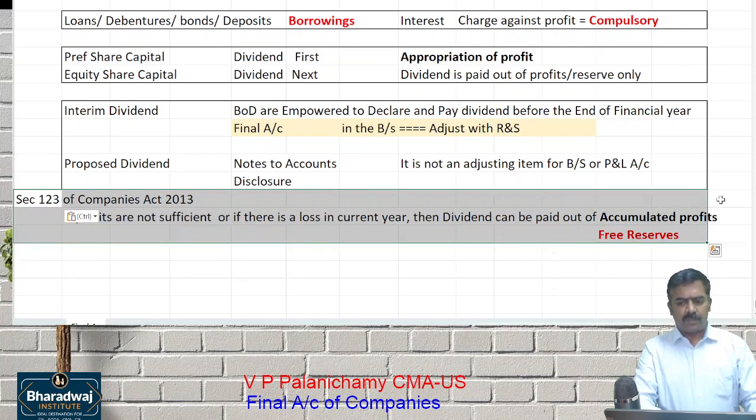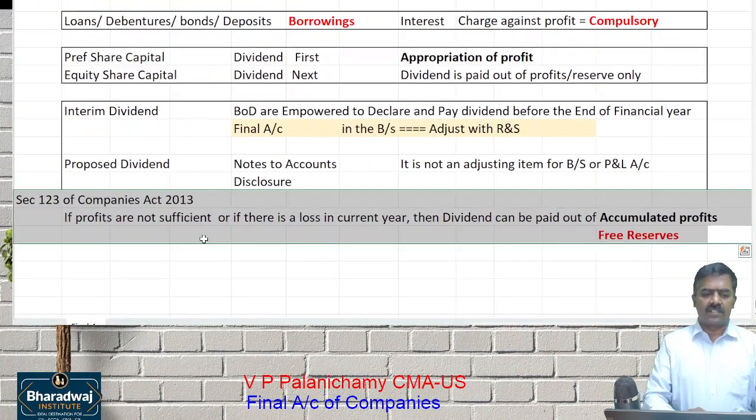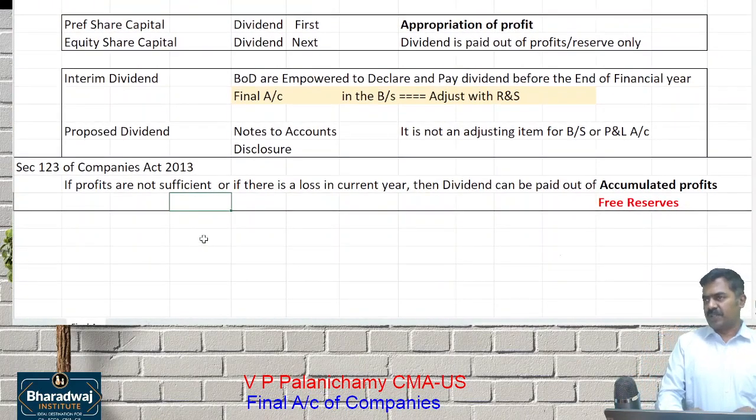Now I request you to take up to this, then we'll proceed. You cannot pay as much as you want. There are restrictions. We are going to see the restrictions on usage of past profits.